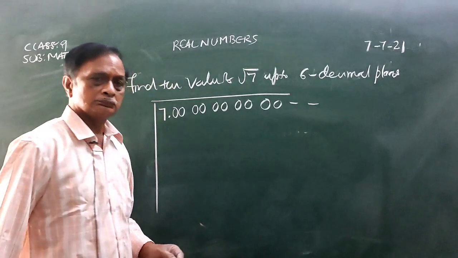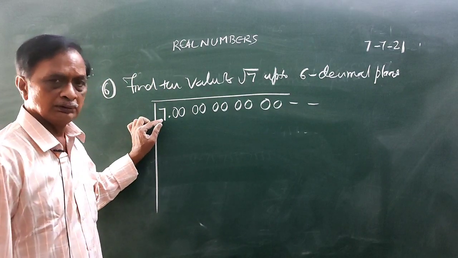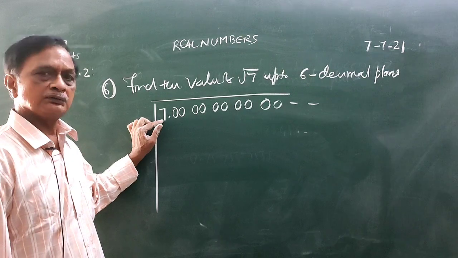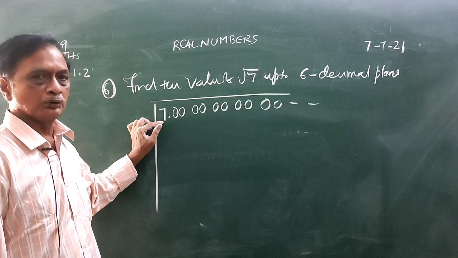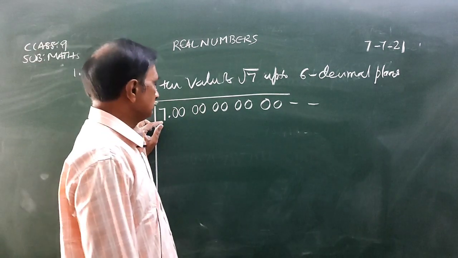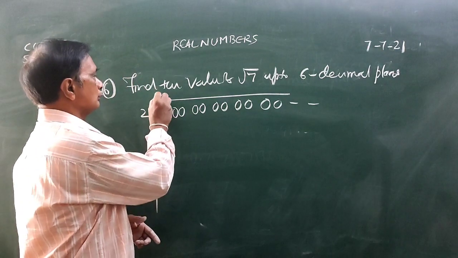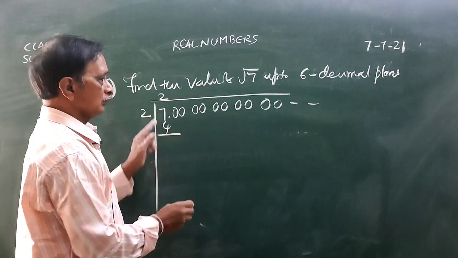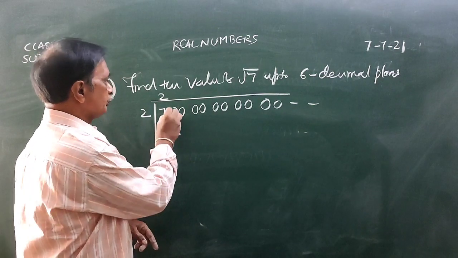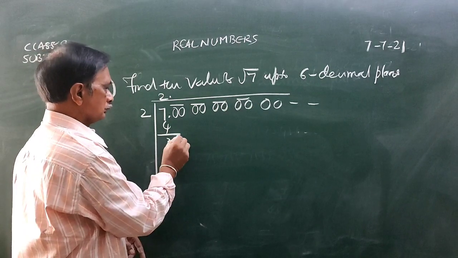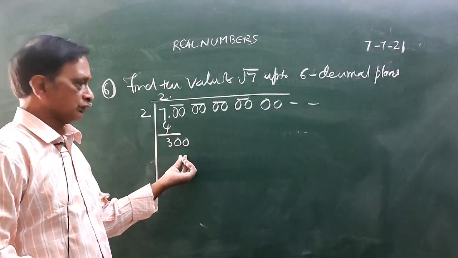Take a number whose square is less than or equal to 7 but nearer to 7. 1 ones, 1. 2 twos, 4. 3 threes, 9. 4 fours, 16. So 2 twos, 4. 7 minus 4, 3. Put the decimal point here, bring down the group of zeros, 0, 0.